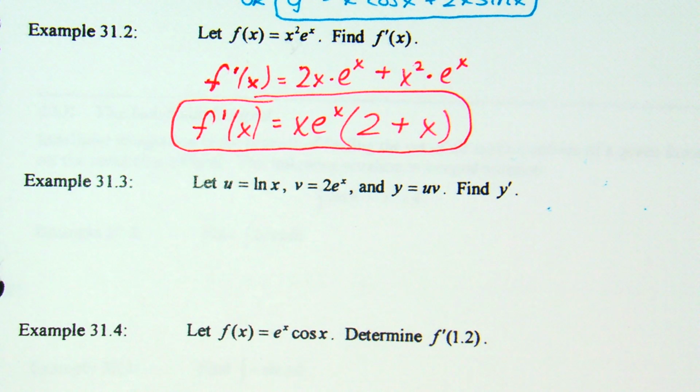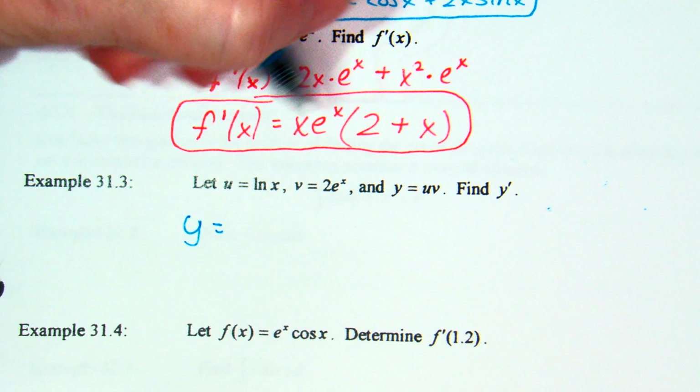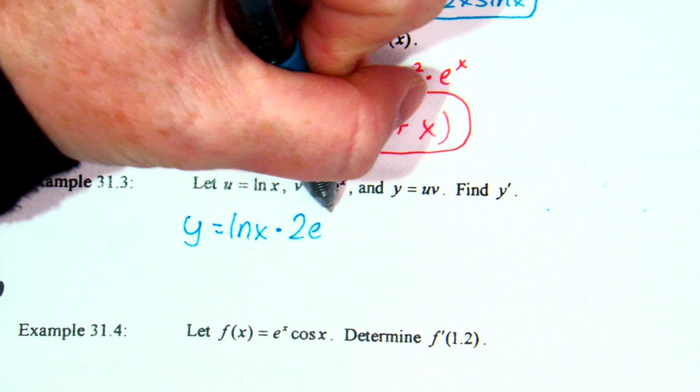What did you mean by rewrite the problem? As in plug everything in and then rewrite it like the first two problems are. Okay. Is that an option? If it says y equals uv and they tell me what u and v are, could we go ahead and write that out? And that y is equal to, let's see if it's uv, it's what? ln x times 2e to the x?